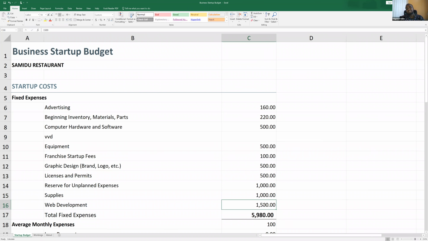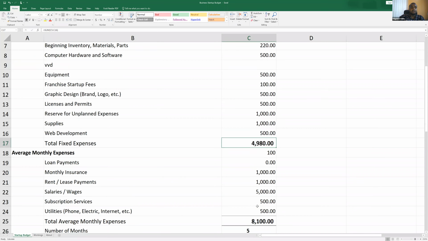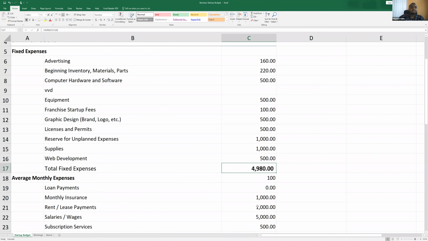Web development, for this kind of business we really don't need web, not unless you want an online platform whereby people are able to order food online. So maybe we can put 500, sorry. So basically this is where you'll put your fixed expenses.